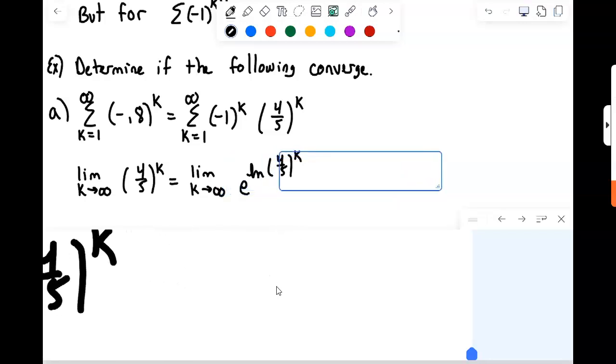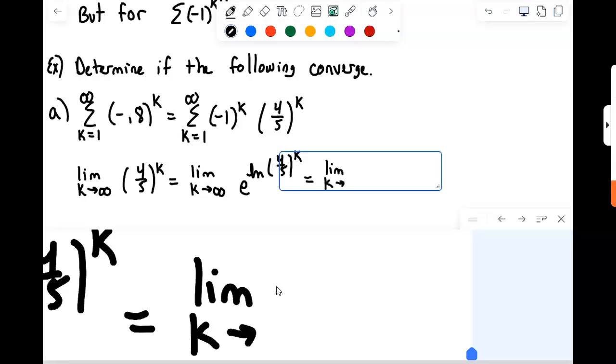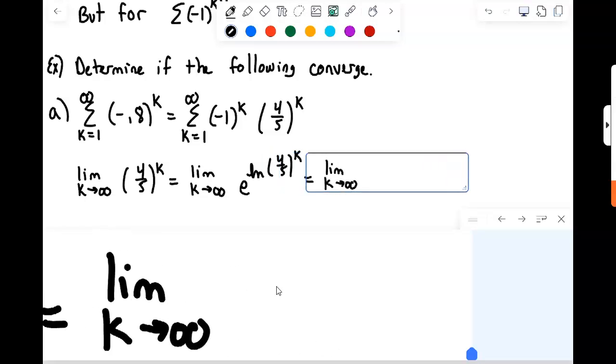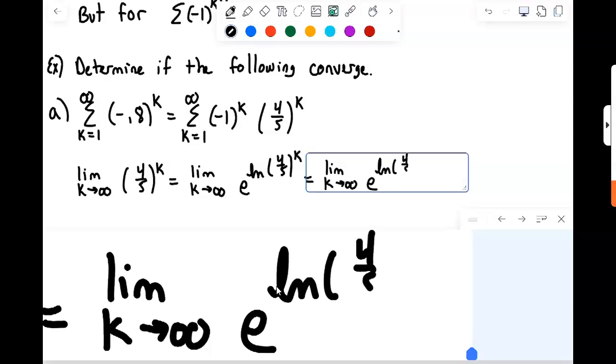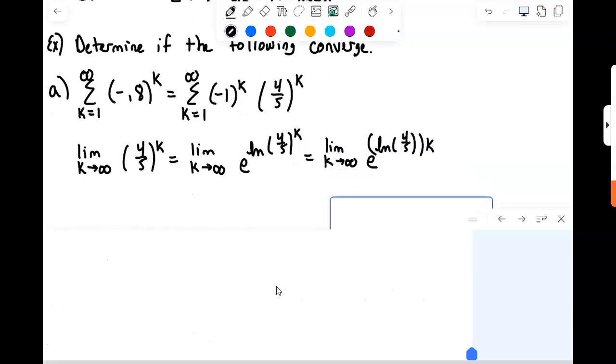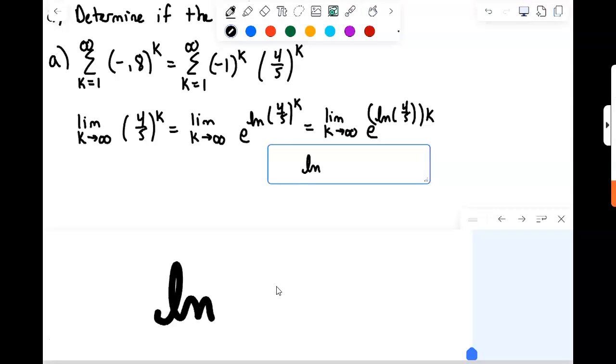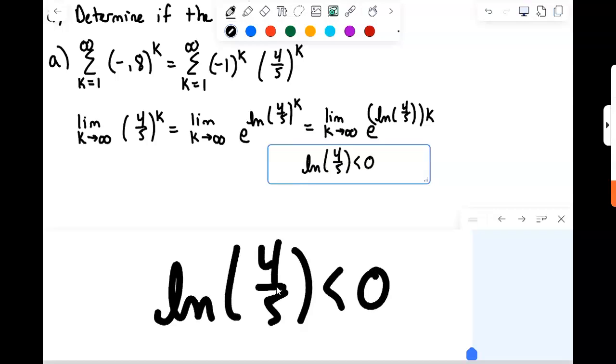And so simplifying, this would be the limit as k goes to infinity of e to the ln of 4/5 times k. But we know that ln of 4/5 is negative.